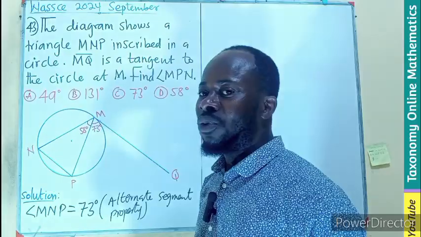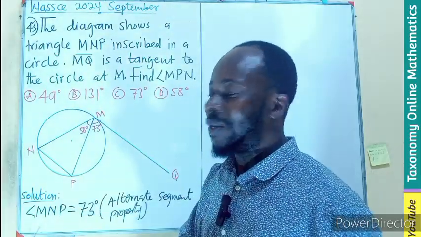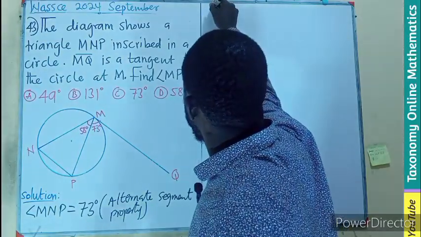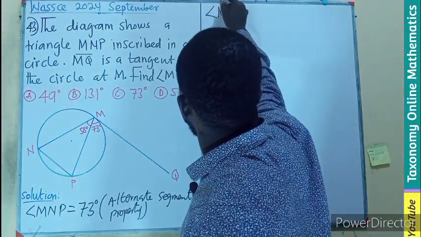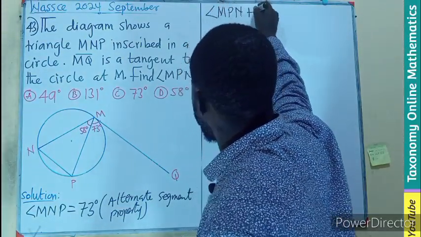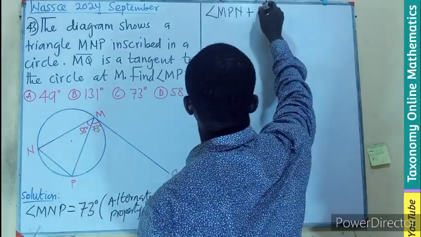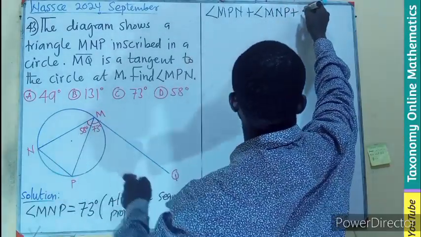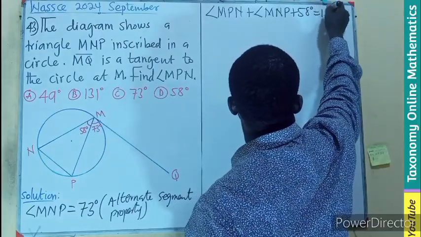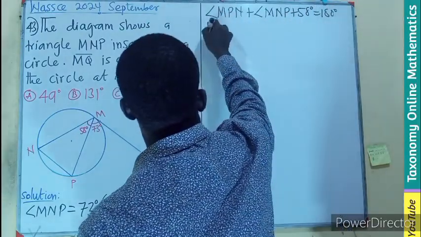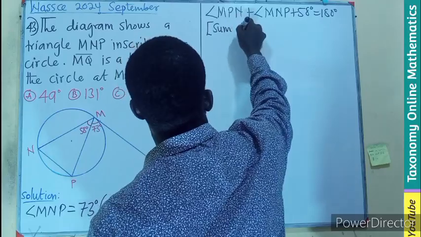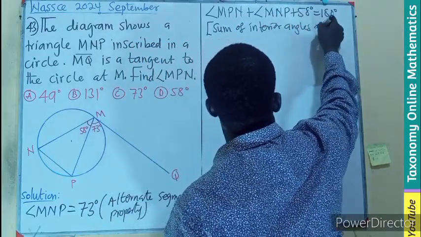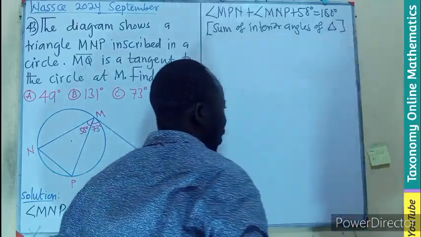Now if that is true, then 1, 2, 3 are the interior angles of the triangle. Hence, adding all of them together gives 180. So I can say that the angle I am asked to find, MPN, plus the angle I just found, MNP, plus the known angle 58 give us what? 180, which is the sum of interior angles of a triangle.